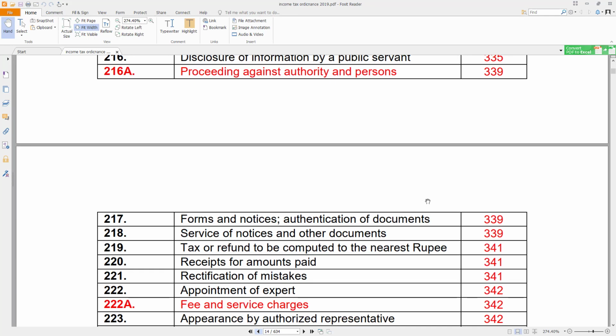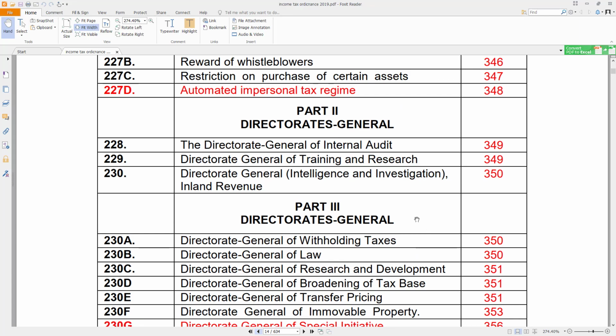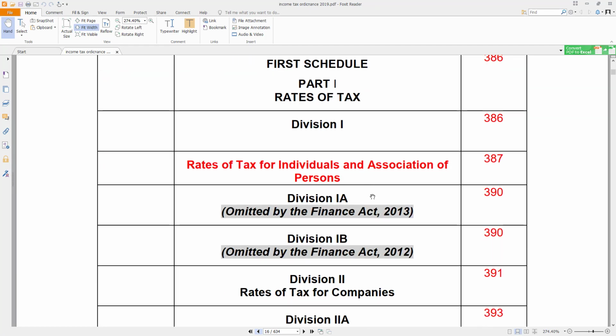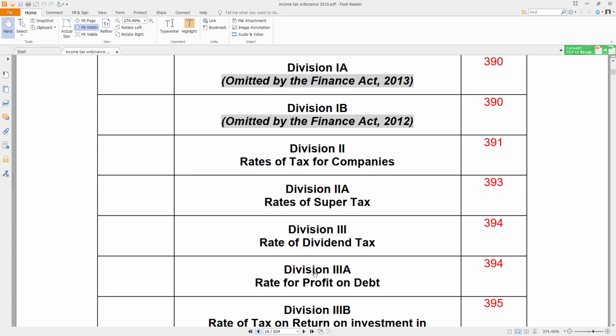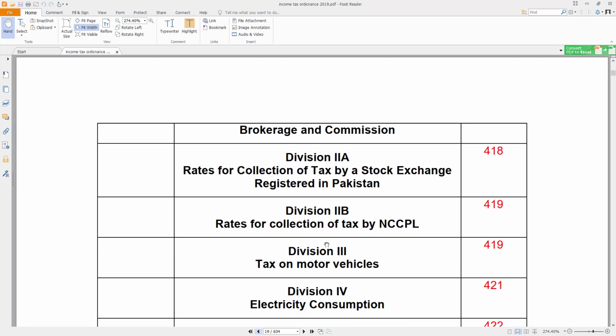So the schedule would have different aspects of the law. For example, this list. So let me show you. So the first schedule would have different things, and then we would move towards the second schedule.